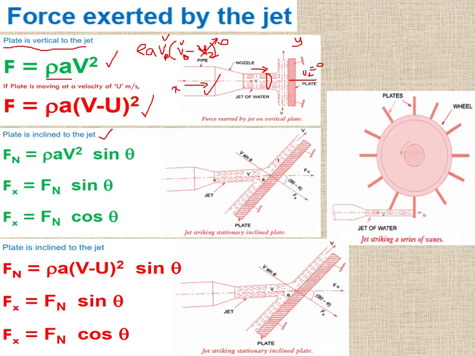This is the axis of jet, and this is the axis normal to the plate. The force exerted by a fluid normal to the plate acts in this direction.